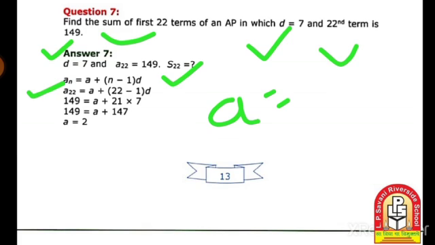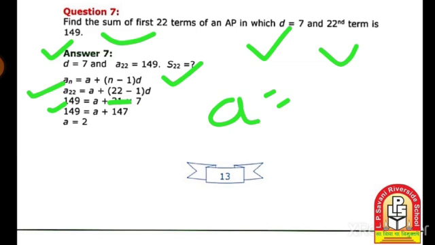By using the formula of the arithmetic progression, an is equal to a plus n minus 1 into d, you can find out the values. So a22 is equal to a plus 22 minus 1 into d. So 149 is equal to a plus 21 multiplied by 7.